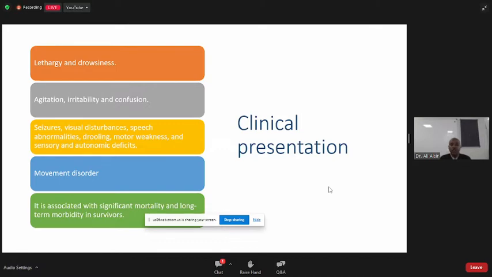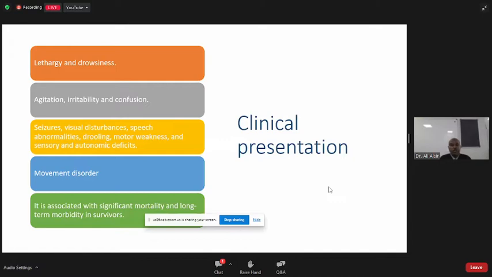Drooling is one of the cardinal signs, especially in severely encephalopathic patients, along with motor weakness, starting from monoparesis, hemiparesis, or even quadriparesis, and sensory and autonomic dysfunctions. When I talk about sensory and autonomic dysfunction, it could be loss of bladder control, or fluctuation in the vital signs, especially if there is involvement of the brainstem or any organic pathology in the brain.